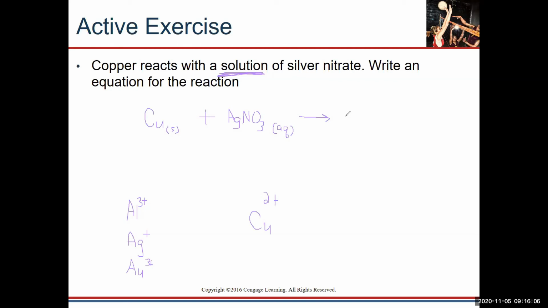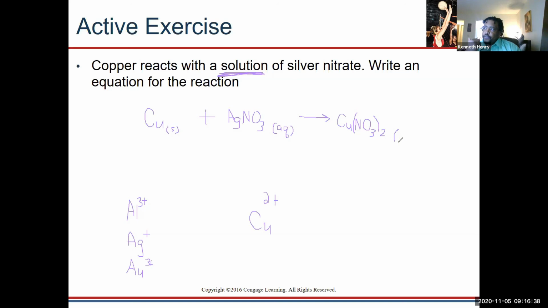So it's going to be copper, and then NO3. But copper has a 2+ charge, so you're going to need 2 of those NO3. Okay, good job. And these are going to be an aqueous solution now.